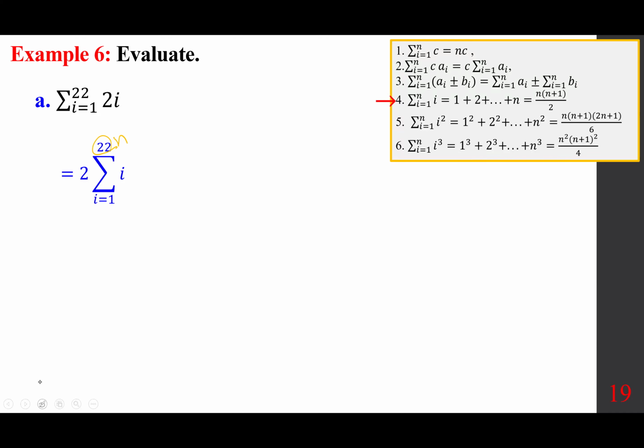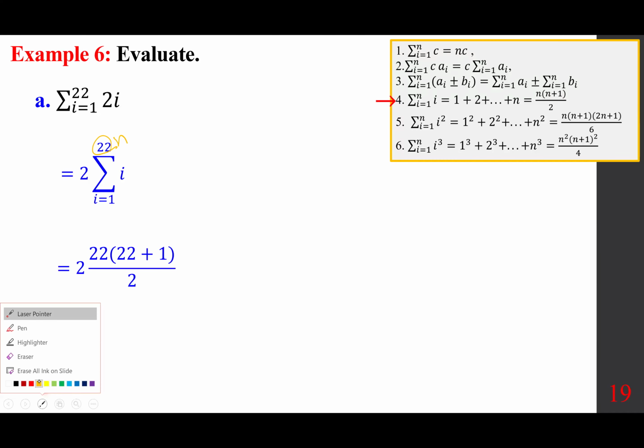And here's n. So this 2 remains, and this part is n, which is 22, times n plus 1, which is 22 plus 1, divided by 2. And we can cancel these two numbers. So we have 22 times 23, which is 506.